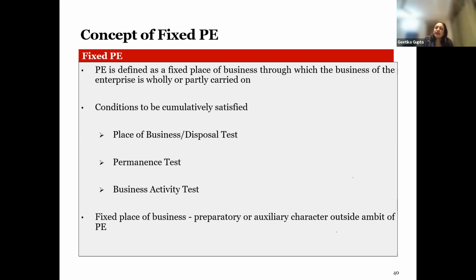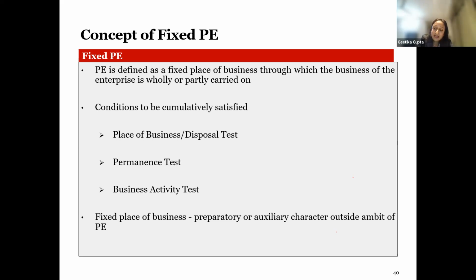Now, generally, the question comes, how many days the presence of the foreign entity has to be in India to constitute a fixed place PE? We have seen in the OECD commentary that generally the concept is 180 days or a 6 months period, but it is relevant to mention that basis certain recent judicial precedents like Formula 1, 6 months is no sacrosanct condition.